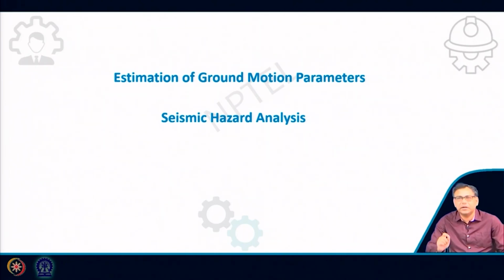Then I discussed two example problems on how we use those attenuation relationships, one for deterministic seismic hazard analysis and one for probabilistic seismic hazard analysis. Though I have not discussed the seismic hazard analysis part in detail, as that was not part of this course, I have just discussed how to use those attenuation relationships.